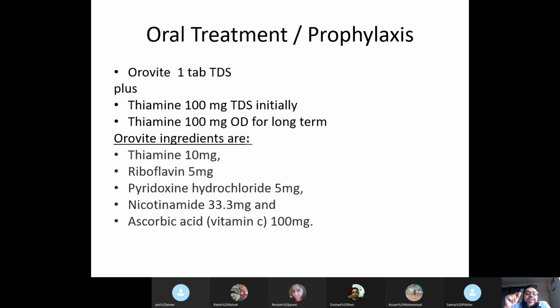The reason I'm saying Orovite plus thiamine is because the thiamine content in Orovite is only 10 milligrams, and you need at least 100 milligrams TDS. Many centers do both. So at least thiamine TDS, or ideally thiamine plus Orovite, because you can get the riboflavin, pyridoxine, niacin, and vitamin C as a part of Orovite tablets.